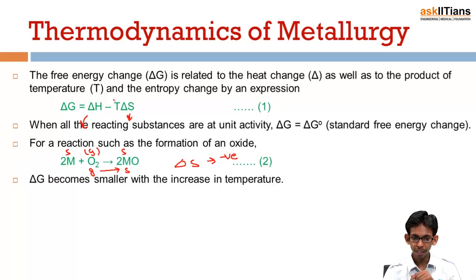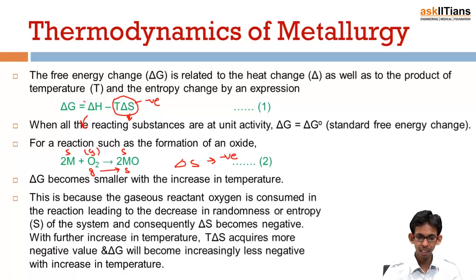And if I increase the temperature, delta S is always negative for this reaction, and as I increase the temperature, the product T delta S becomes more and more negative, because of which the value of delta G changes with increase in temperature.